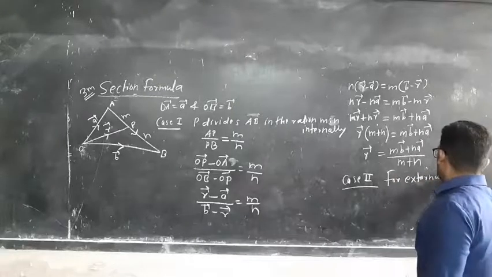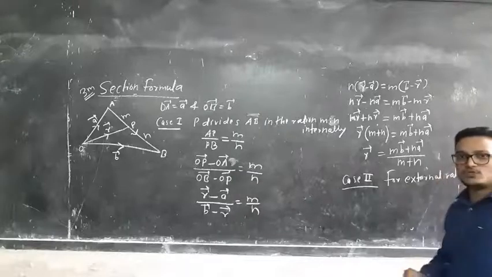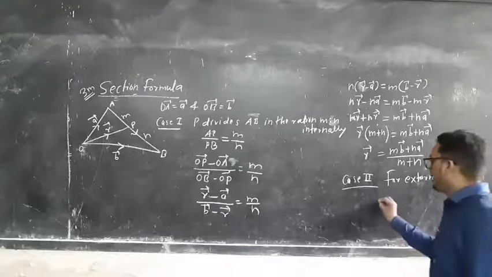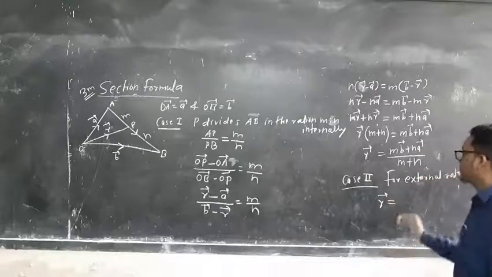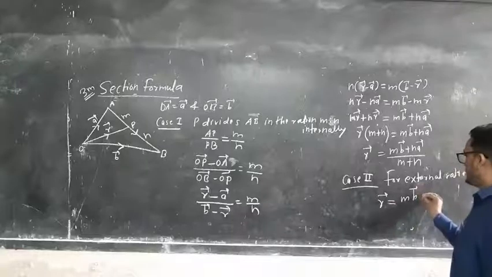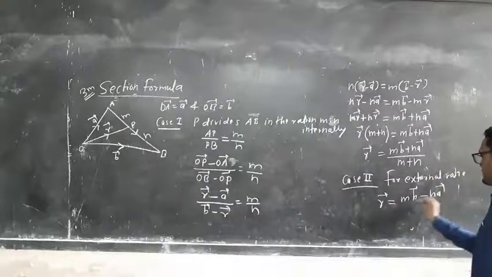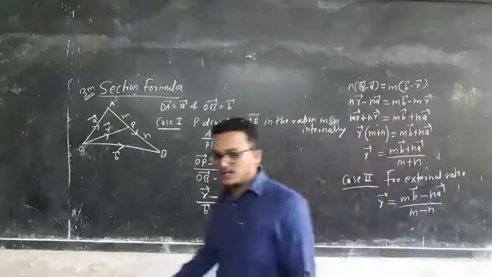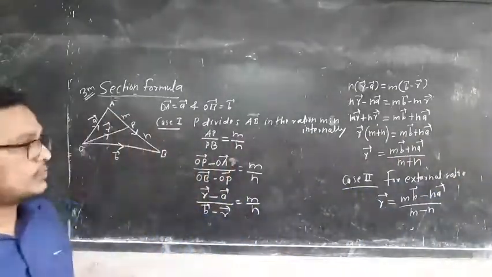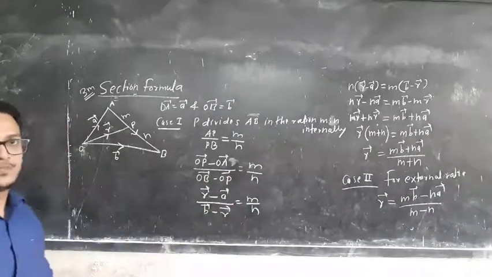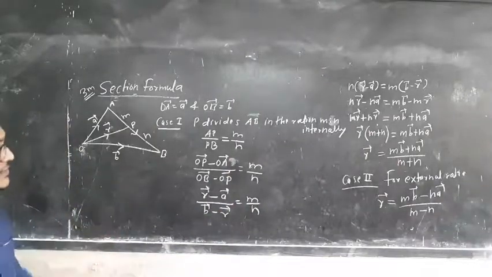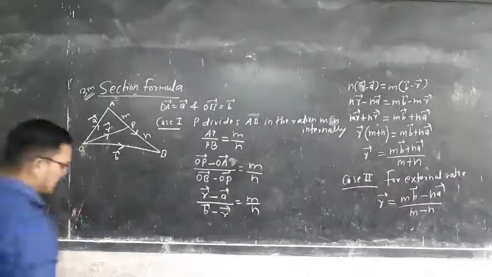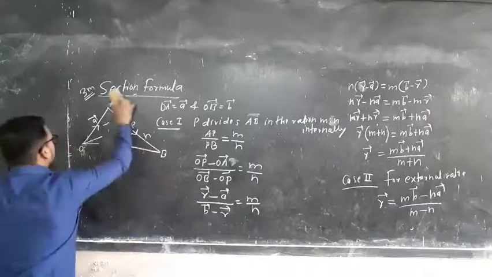For the external ratio we are not going to see the proof; directly we write the formula: vector R equals (mB minus nA) divided by (m minus n). That is the formula for external ratio. I hope you understood this derivation. If you practice it 2 or 3 times, it will become perfect.